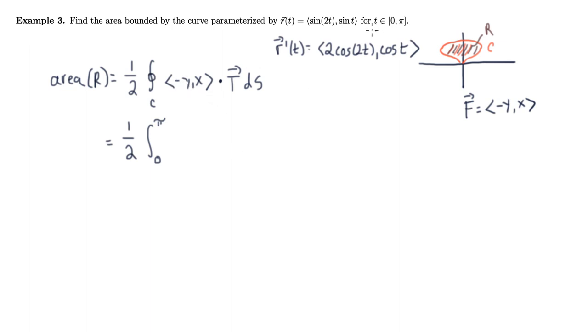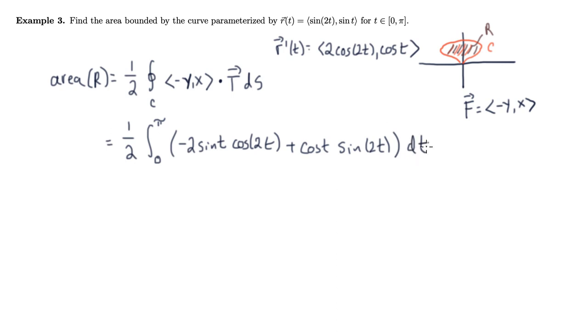Then minus y is minus sine t, and we dot with the x component of the derivative, so this is minus 2 sine t cosine of 2t, plus x, which is sine 2t, dot with the y component, so cosine t sine 2t.